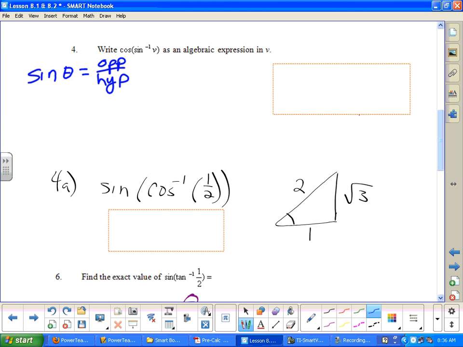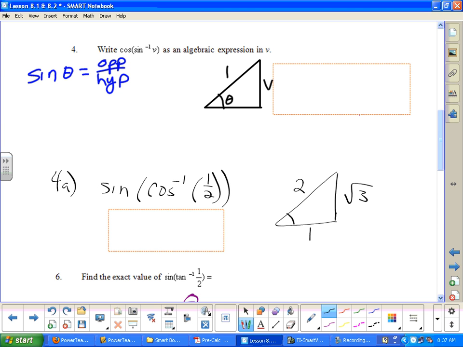So we have a right triangle here, and here's my angle. We'll call this theta. All right, the opposite side is v, and the hypotenuse is 1. All right, and that's because sine is equal to opposite over hypotenuse.